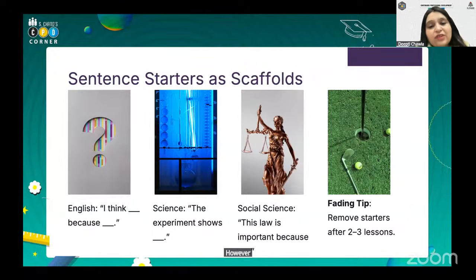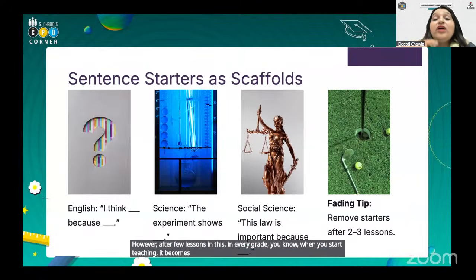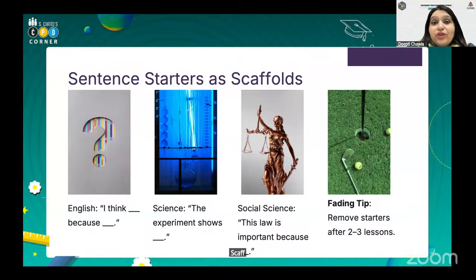However, after a few lessons in every grade, when you start teaching, it becomes important, and when you are scaffolding, it becomes important during revision. In the middle, a lot of independent work is necessary.